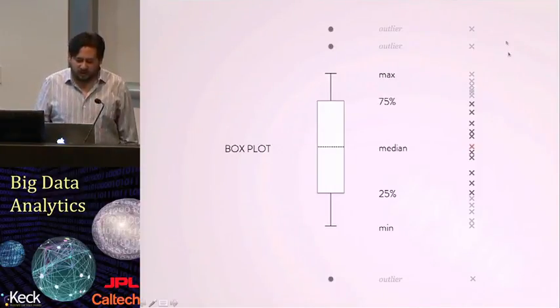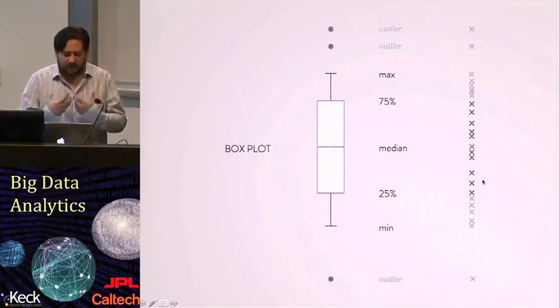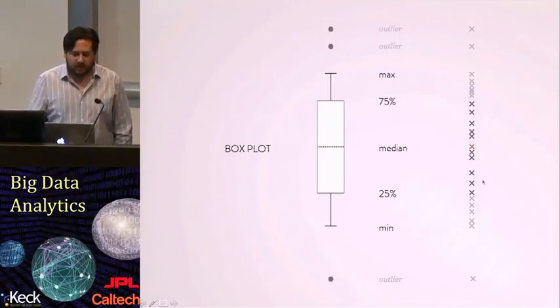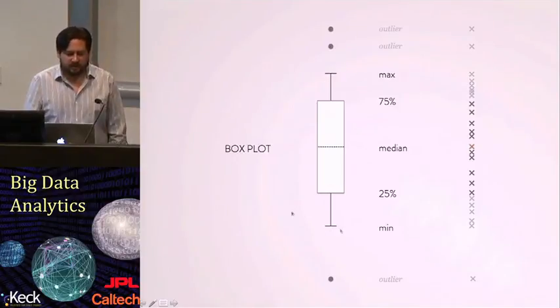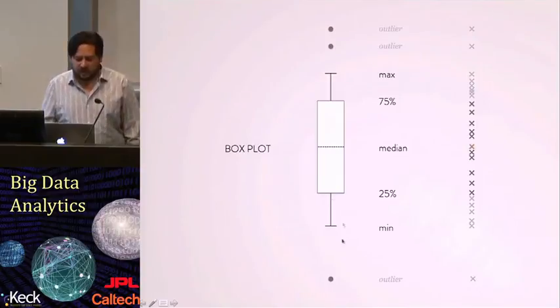So this very populated set of points can be simplified by creating a more complex visualization with this box plot on the right, which shows the curve of distribution for these data points by simply creating this small representation.